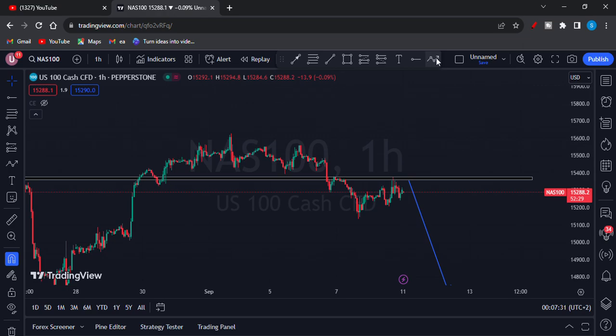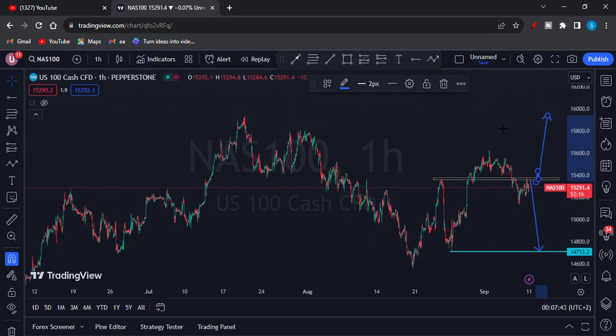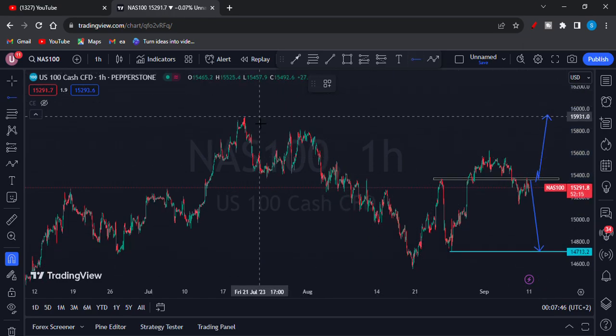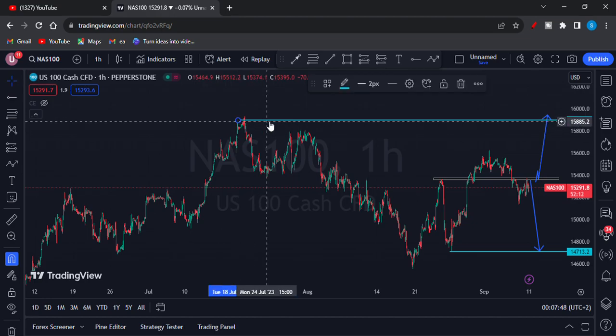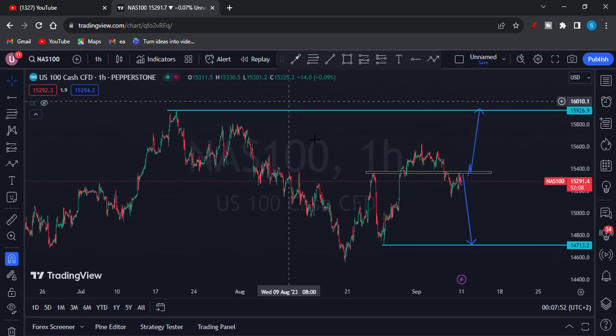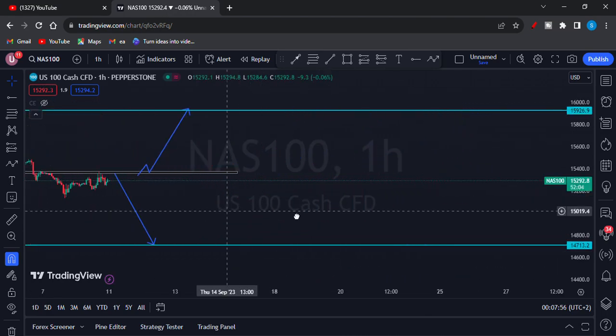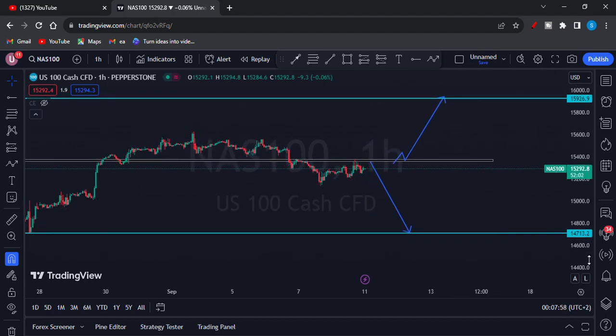But if the market decides to go all the way up, we can expect something like this, potentially up to there. Okay. But for now, we're just going to observe the market, how it's going to behave.